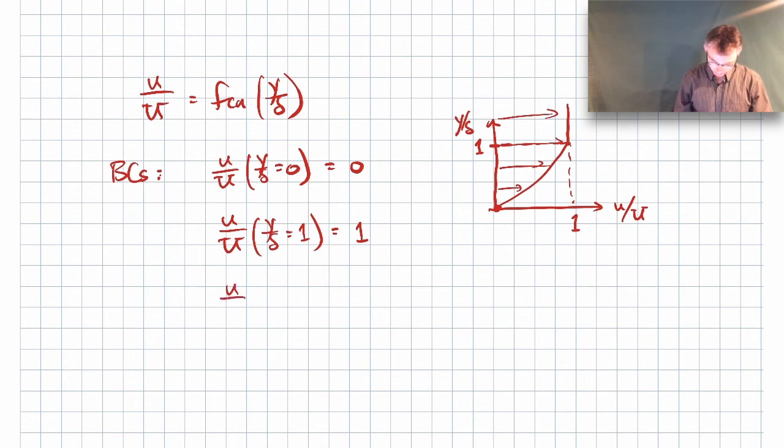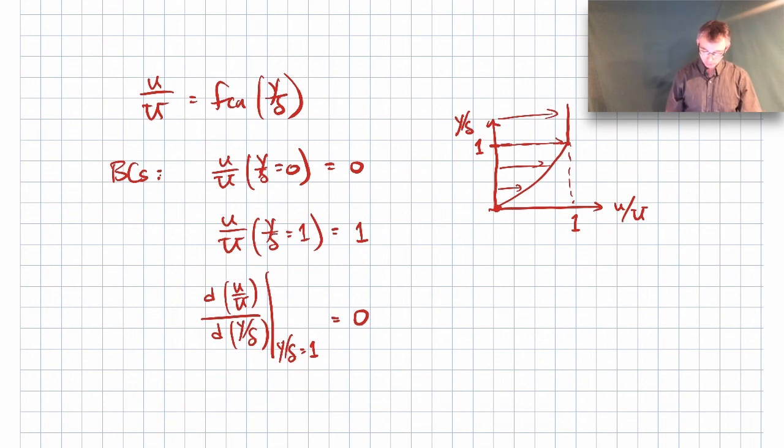So that one would be the following. Oops, I should write this as a slope. So this boundary condition would make it smooth at this point.